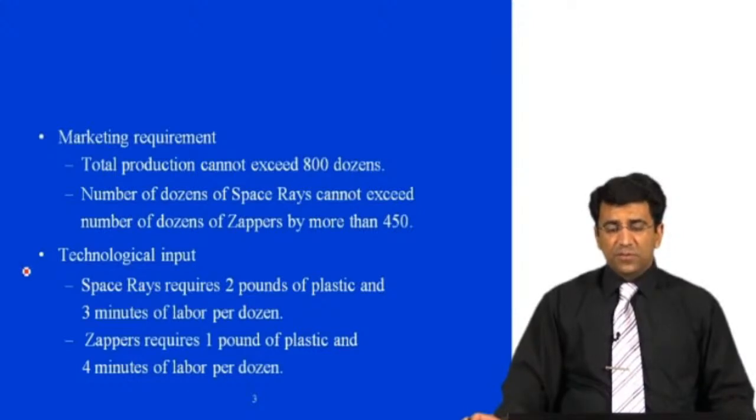Then there are some constraints about the technological inputs, that is space rays require 2 pounds of plastic and 3 minutes of labor per dozen. The other requirement is zappers require 1 pound of plastic and 4 minutes of labor per dozen.